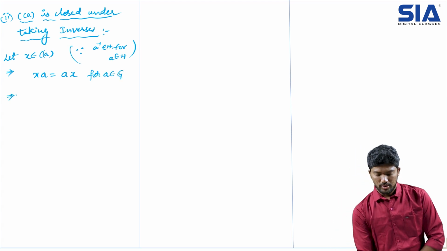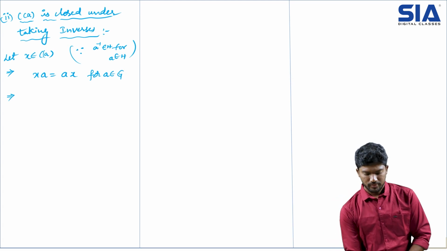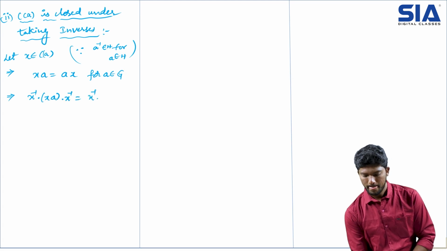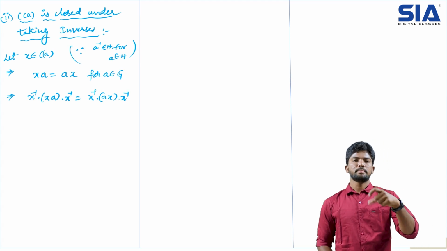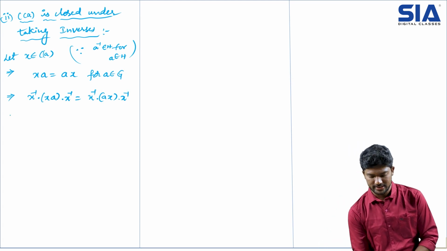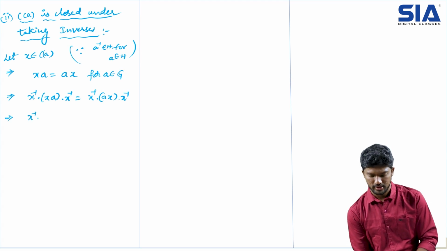Pre and post multiply with x inverse on both sides. So we did pre and post multiplication of x inverse on both sides, LHS and RHS. Now apply the associative property.